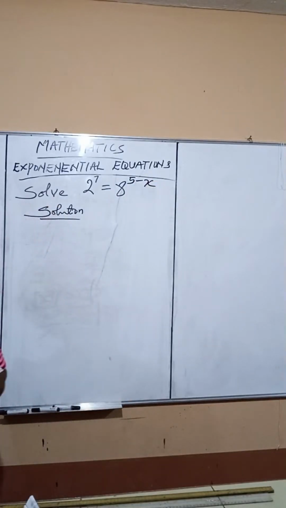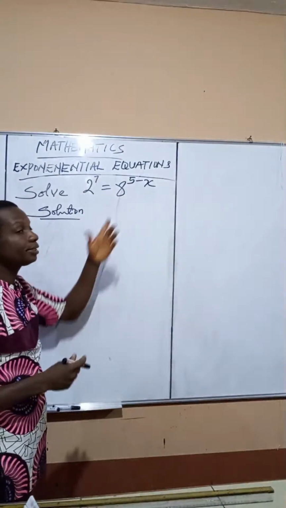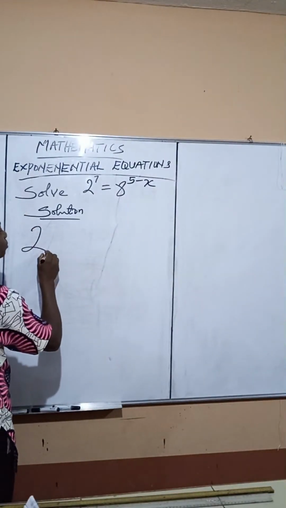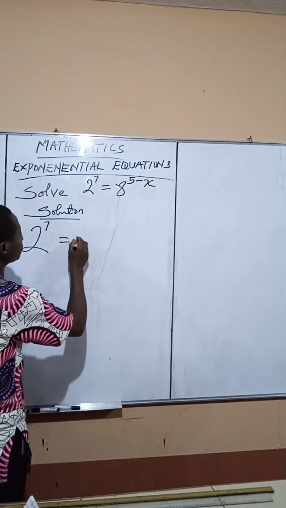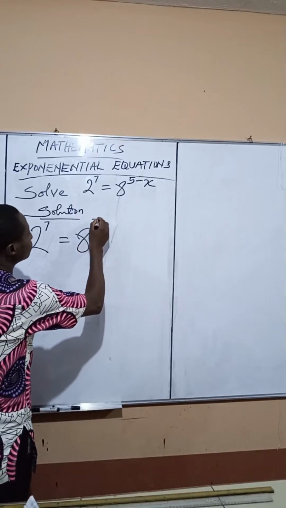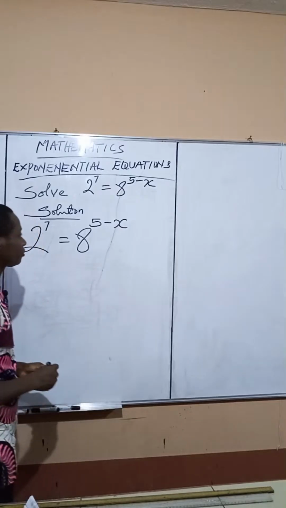What do we do in this case? It's still the same procedure. So we come here and write 2 to the exponent of 7 equals 8 to the exponent of 5 minus x.